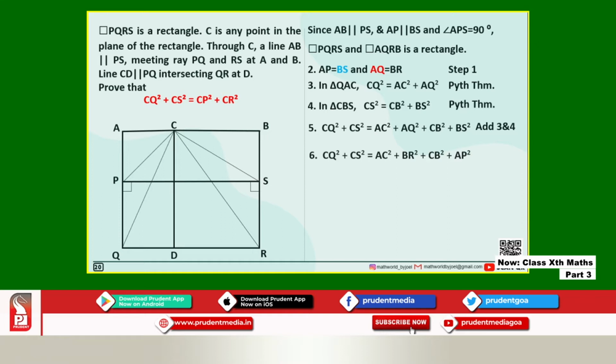So in step number 6, I have written exactly the same thing. All I have done is tried to replace AQ, I'll just show it to you here. AQ is equal to BR, right? So in that step number 5, wherever AQ was there, I have written BR, and since AQ square, I have written BR square. Same way, this is what we got here.